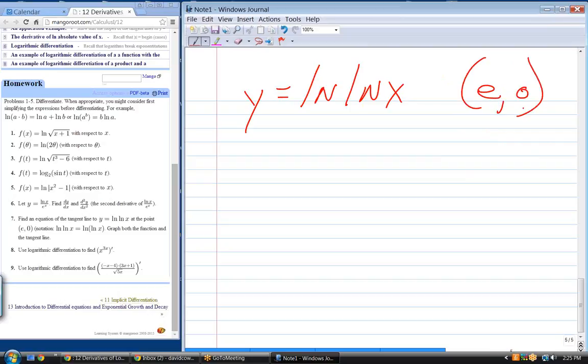So, to figure out the equation of the tangent line, what do we have to do? Take the derivative. This is an interesting thing they put there.